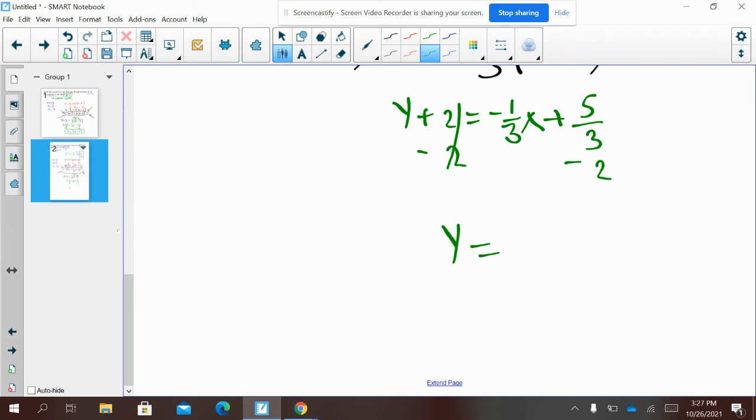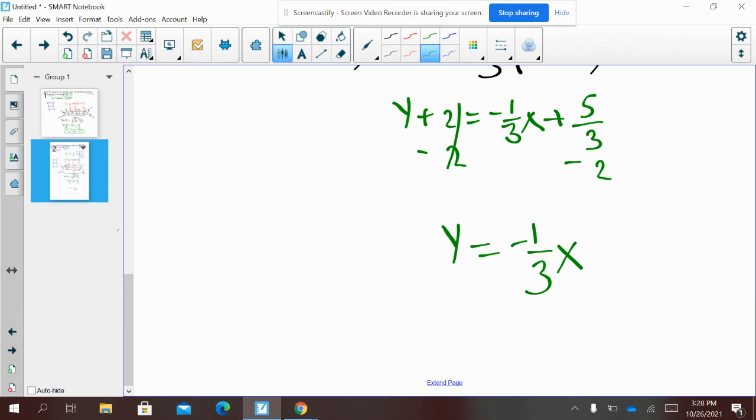y equals negative 1 over 3 x. Let's see, 5 over 3 is 1 and 2/3. I'm going to take a full 2 away from that. I can use my graphing calculator to do this. I'm going to do parentheses 5 divided by 3, close the parentheses, minus 2.